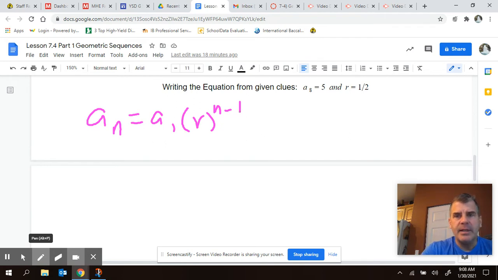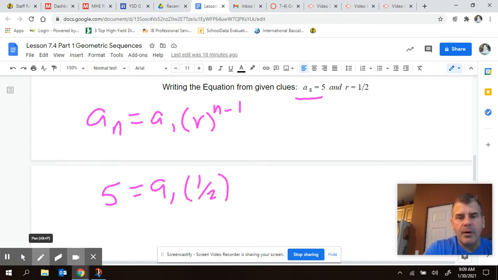So inherent in this, this a sub 8, or the eighth term being 5, gives us a lot of information already for this equation. In place of a sub n, we're going to write 5 because that represents the eighth term. We don't know what the first term is. We're trying to find that. They gave us the common ratio of 1/2.